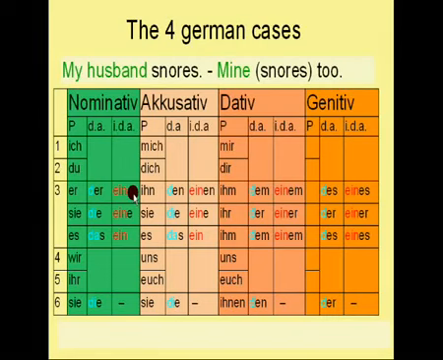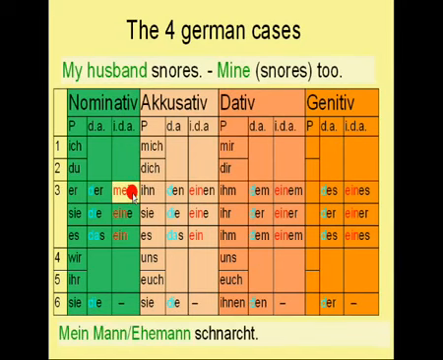Which grammatical person does the possessor have? The possessor is in the first person singular. So we need to take the first person singular word stem for possessive pronouns. This is it, mein. So we just replace ein with mein. And this is how the sentence looks: Mein Mann or mein Ehemann, which both refer to my husband, schnarcht.